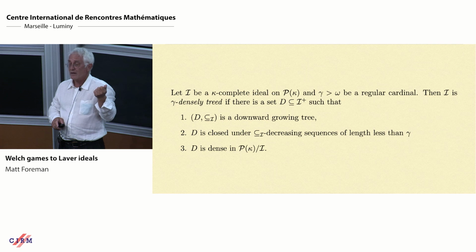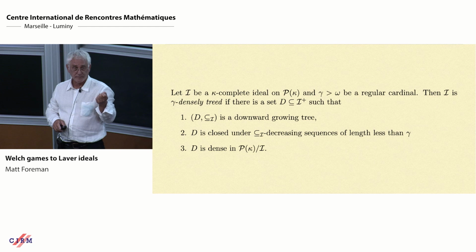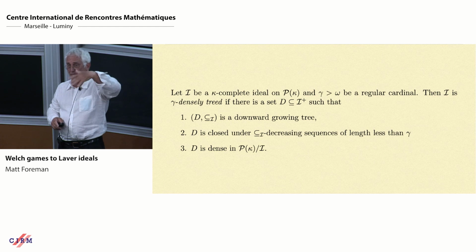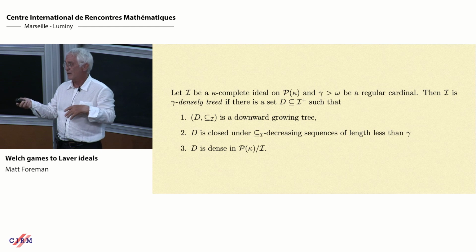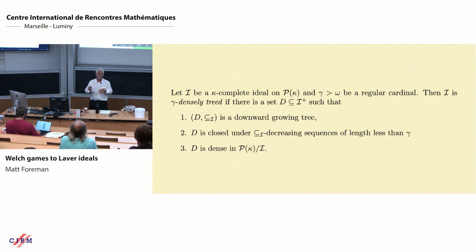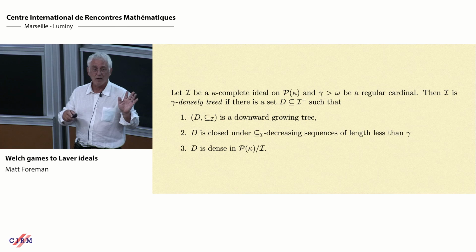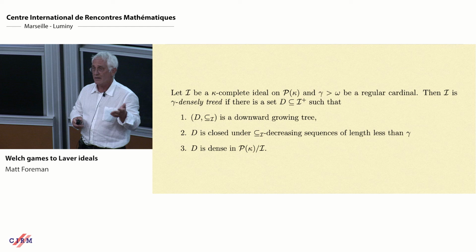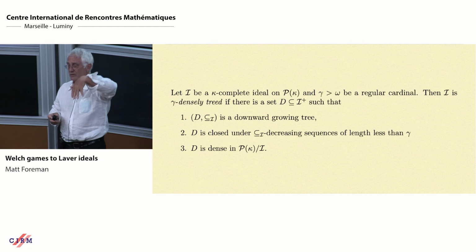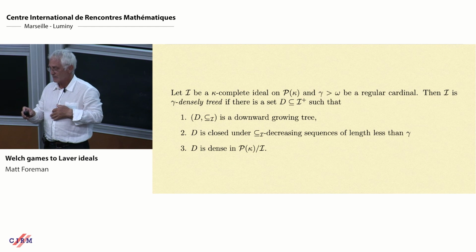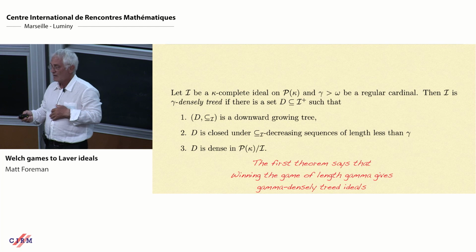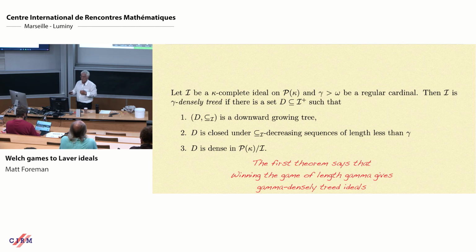D is closed under decreasing sequences of length less than gamma, and D is dense in the power set of kappa mod I. Now you can have, I mean, we all know this, you can have partial orderings which are closed under descending omega sequences that don't have dense trees. So it's a non-trivial condition that you have a dense tree. So you have a dense tree, and that tree is closed under decreasing less than gamma sequences. Okay, so the first theorem says that winning the game of length gamma gives gamma densely treed ideal.